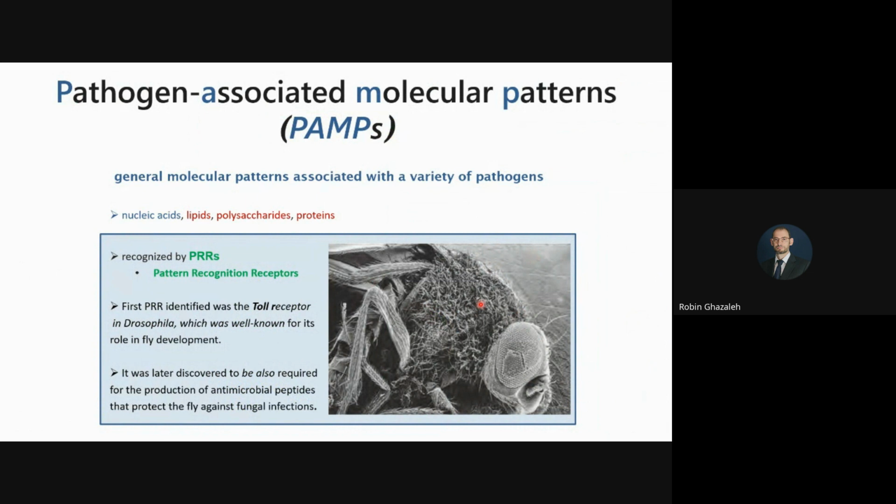But as a side effect of studying this gene, people noticed that if they knocked it out, which is a standard thing to do in molecular genetics assays, then the flies are very susceptible to fungal infections. What you're looking at here is a picture of a fly which has succumbed to a fungal infection.